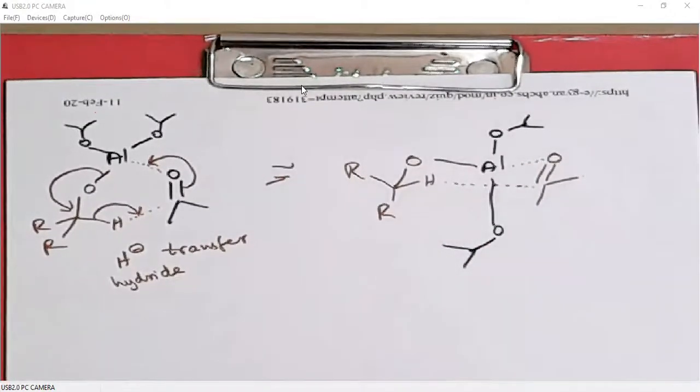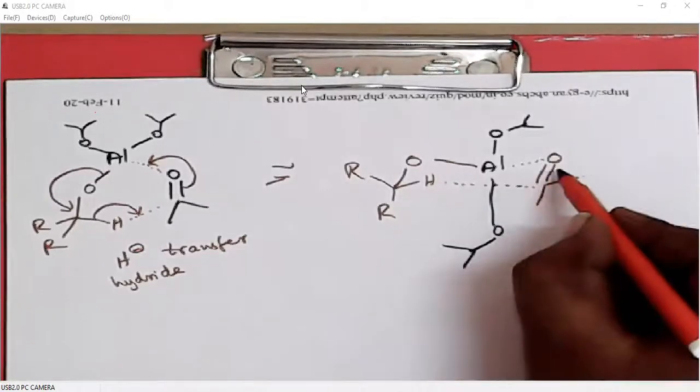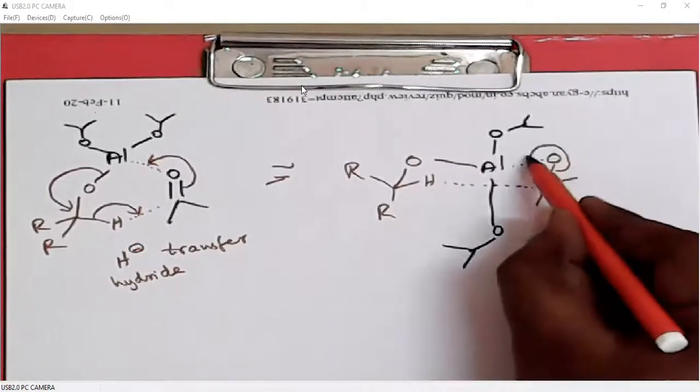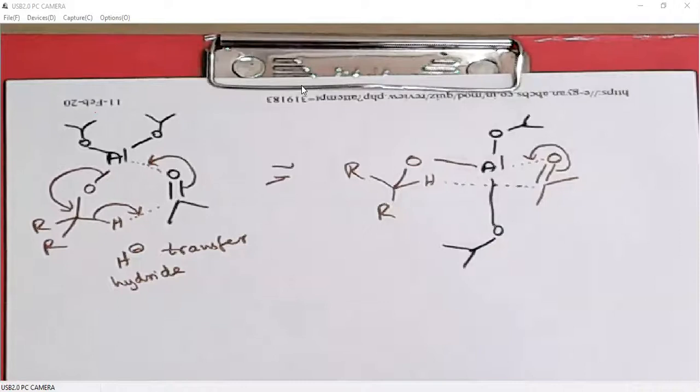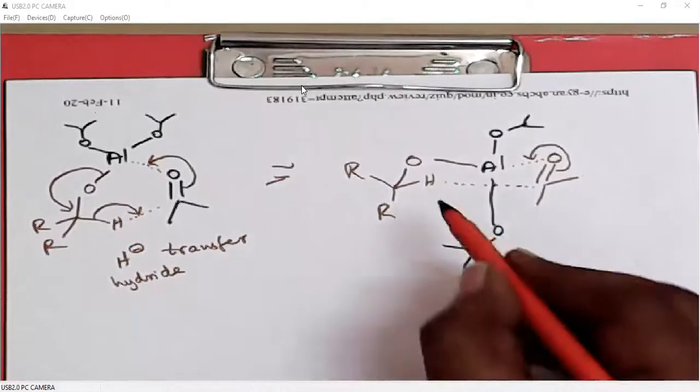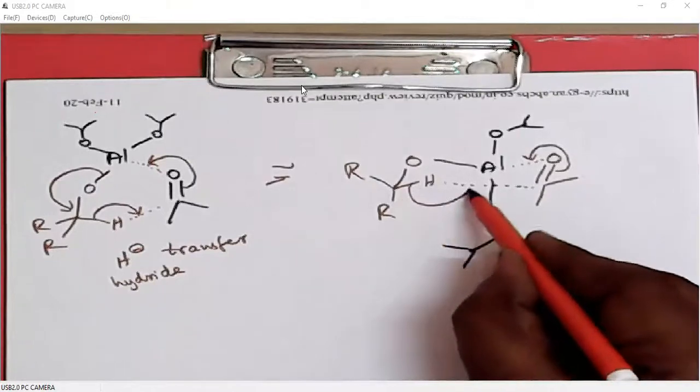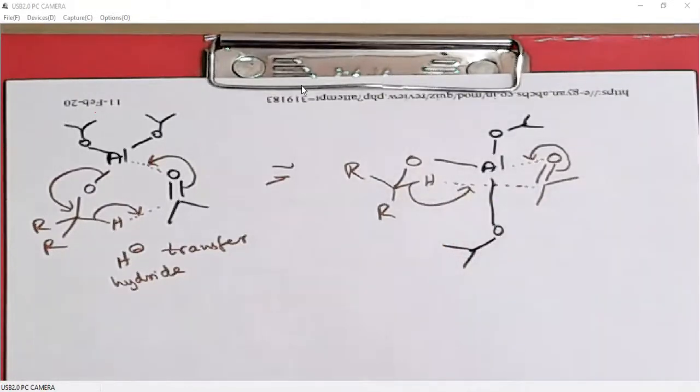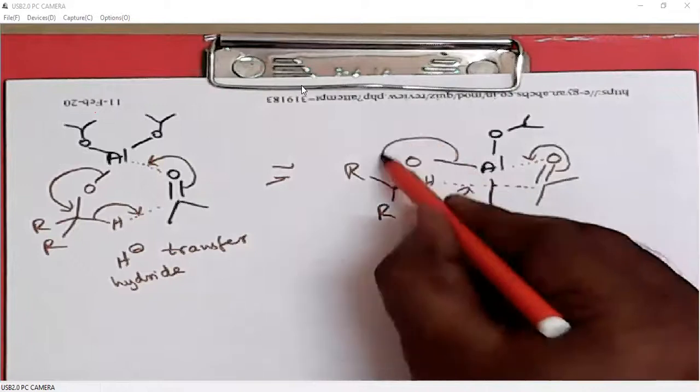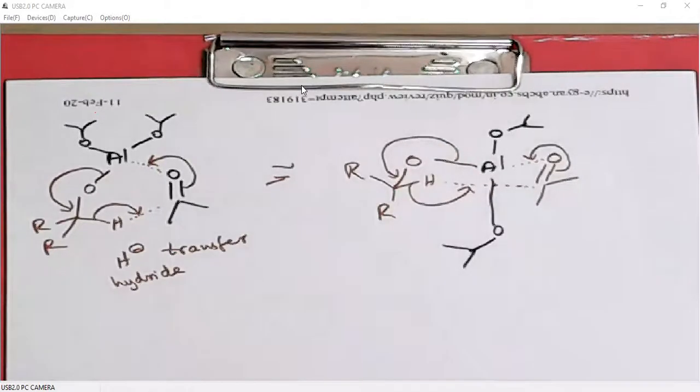Okay. Then what happens? This bond will migrate towards aluminum to form an aluminum oxygen bond. Then hydride transfer takes place to generate this bond. Then this bond will be broken to generate the carbon oxygen double bond.